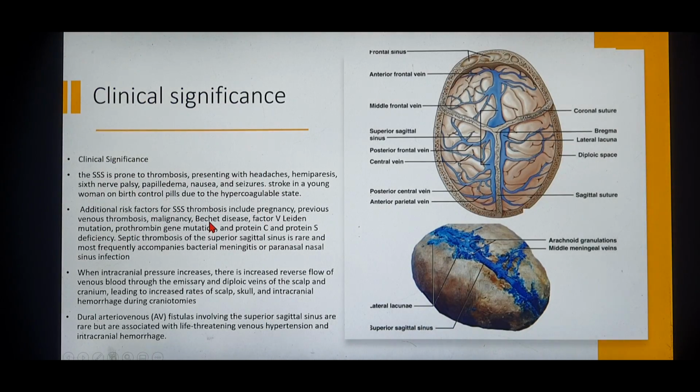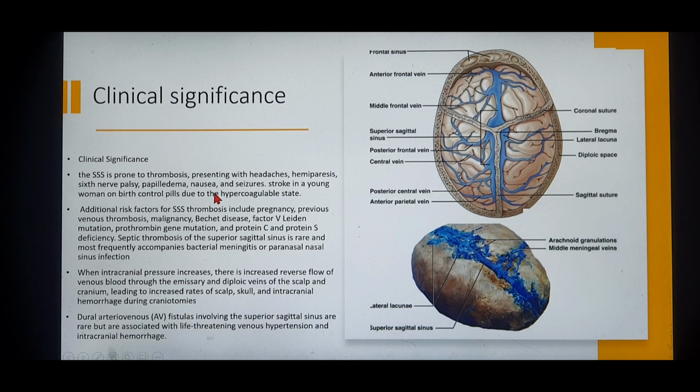If they ask you the clinical significance, you always have to remember that as it is the largest dural venous sinus, it is more prone to surgical trauma and accidental trauma. It is also more prone to thrombosis, presenting with headaches, hemiparesis, 6th nerve palsy, papilledema as in raised ICT, nausea and seizure.